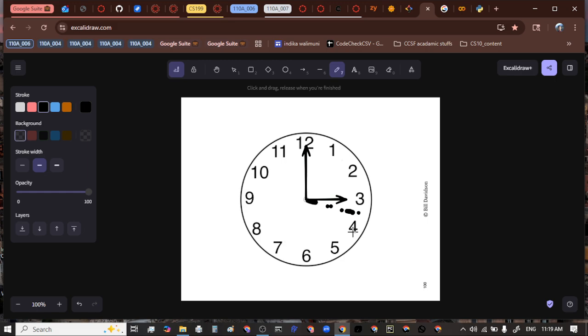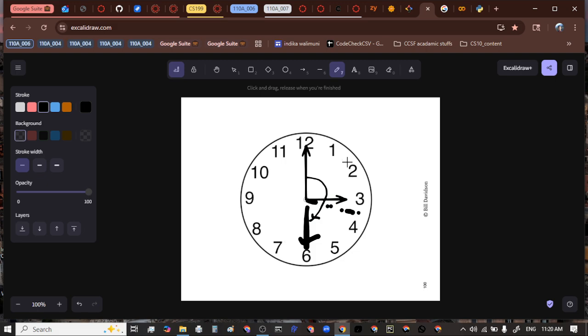So this is where the hour hand is going to be, right at the center between 3 and 4. Where should be the minute hand? At 6, right? So minute hand is going to be somewhere here. So how much is the rotation? This angle is 180, right? So that's going to be 180.